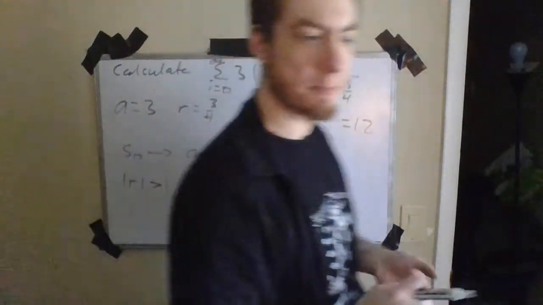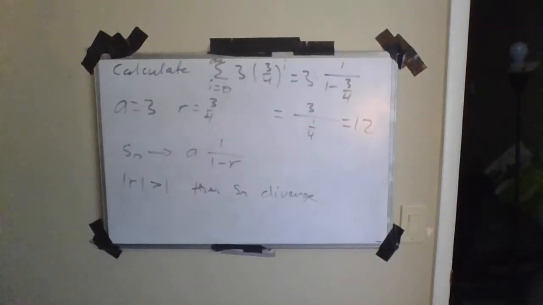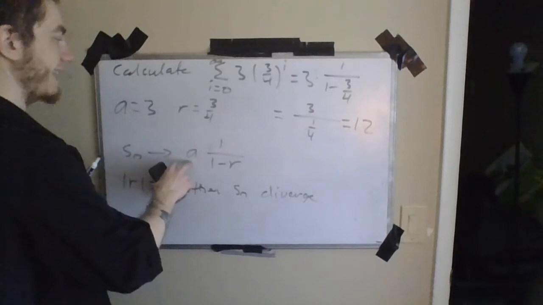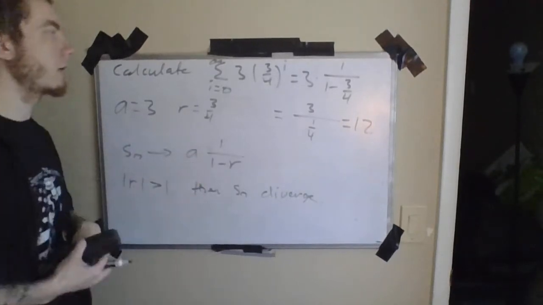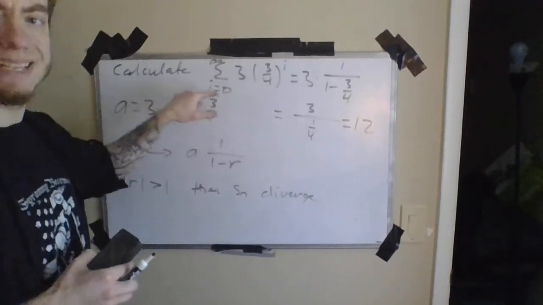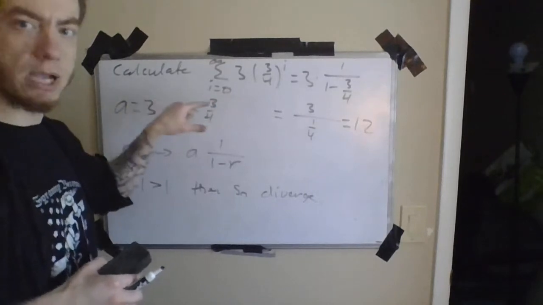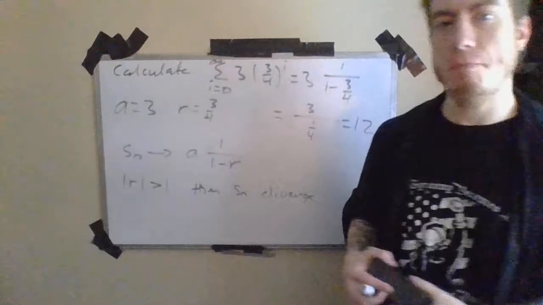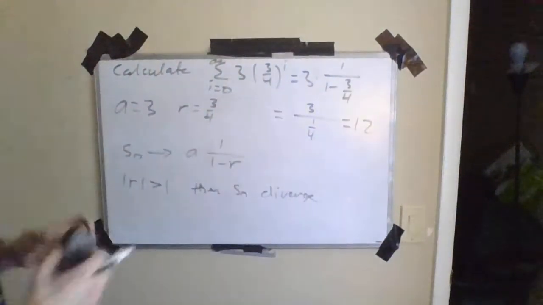Nice. We're done. Now, the main thing I want to emphasize when you're doing this is you've got to be a little bit careful here. This a times 1/(1 - r) is true if you start at 0 with your sum. But if you don't start at 0, then you have to compensate by cutting off the first pieces.